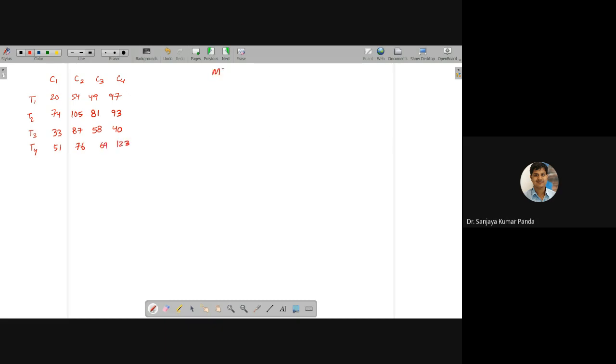And this is MCT, right? And I can write the formula here. The completion time is nothing but the sum of ready time plus execution time. Completion time is equal to ready time plus execution time.